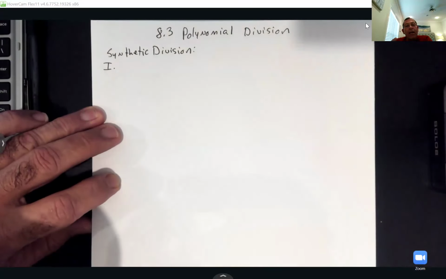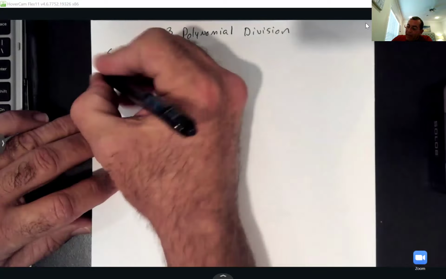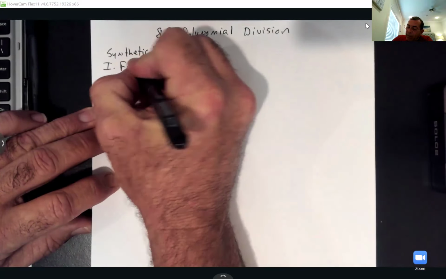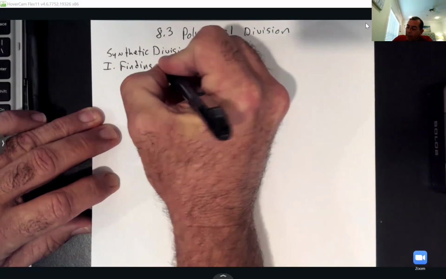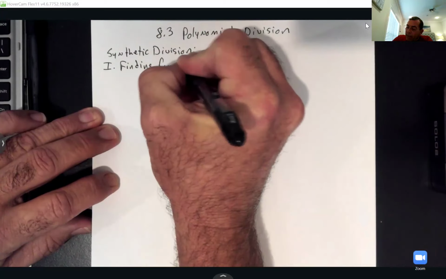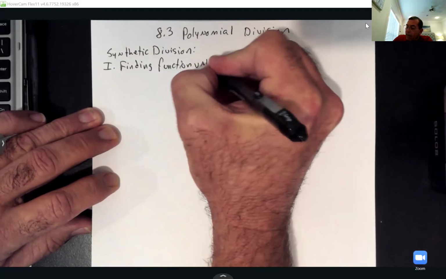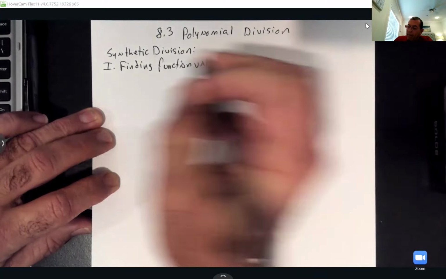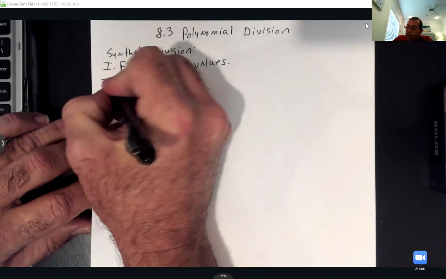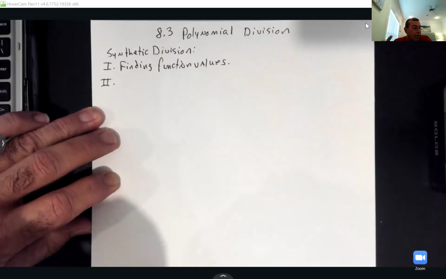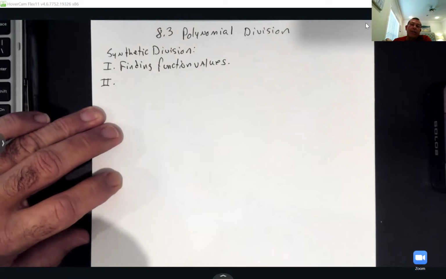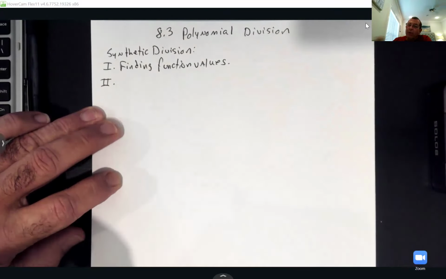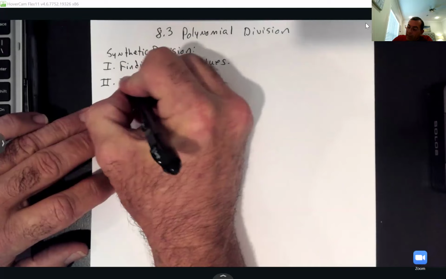The first thing I can use it for is finding function values. Second thing I'll use it for, college algebra, is testing whether a number is a zero.